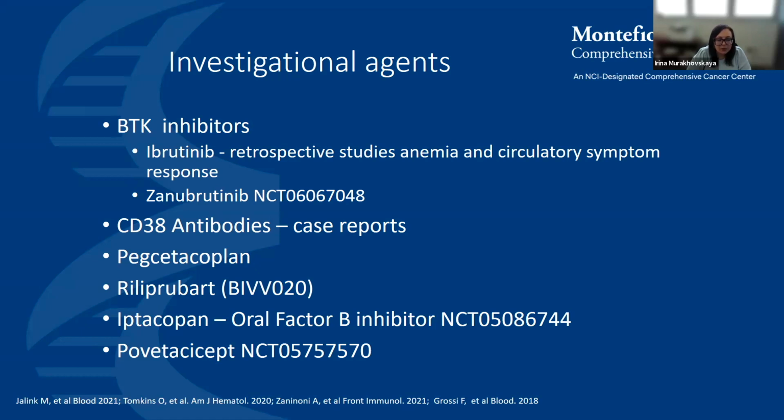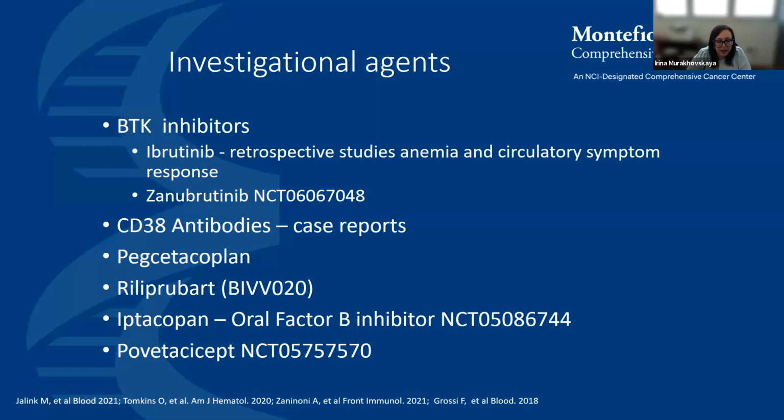Iptacopan is an oral factor B inhibitor, which is an inhibitor of alternative complement pathway, and is currently being evaluated in a basket trial in a number of autoimmune hematologic conditions, including cold agglutinin disease. And a new class of agent is povetacicept, which is a BAFF and APRIL inhibitor.